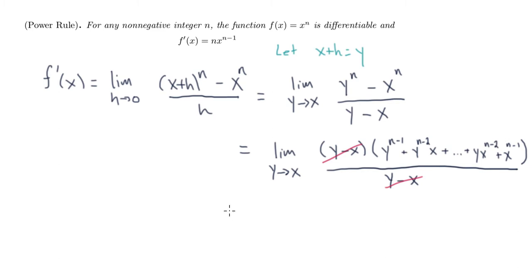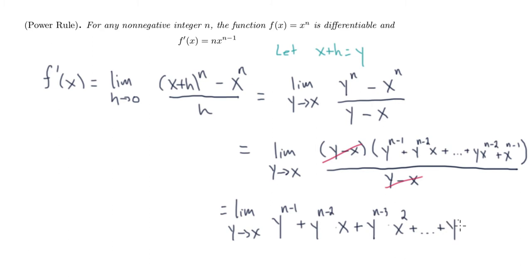And so all we're left with is the limit as y approaches x of y to the n minus 1 plus y to the n minus 2 times x plus y to the n minus 3 times x squared plus however many terms there are between, then y times x to the n minus 2 plus x to the n minus 1.